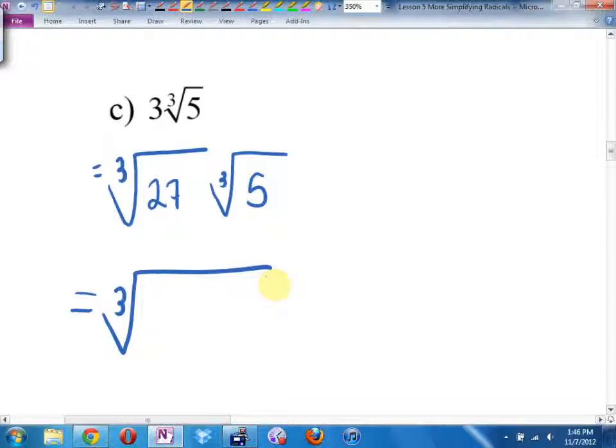The cube root of what? 135? Anybody else? How'd you get the 135? Yeah, we can multiply roots by roots. The original question must have been, hey, simplify the cube root of 135. And when they did that, they got the answer of 3 cube root 5. Mixed radical? Entirely a radical.